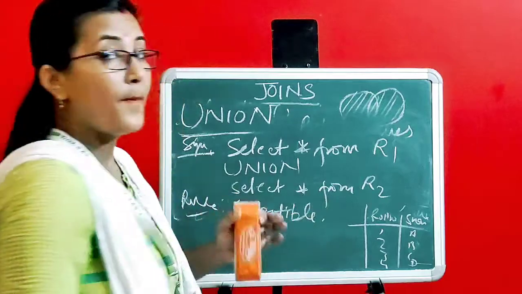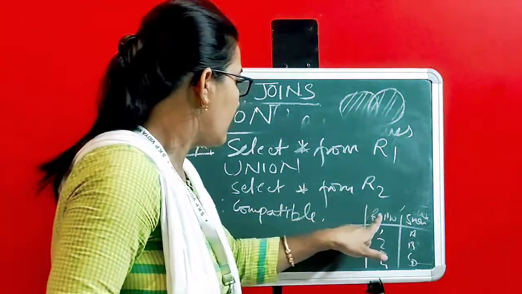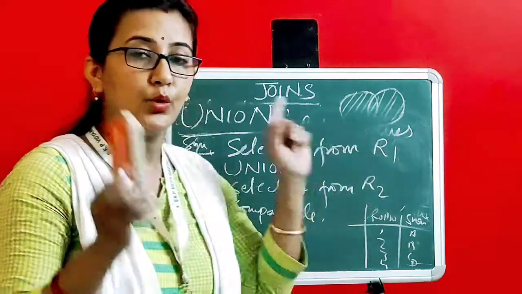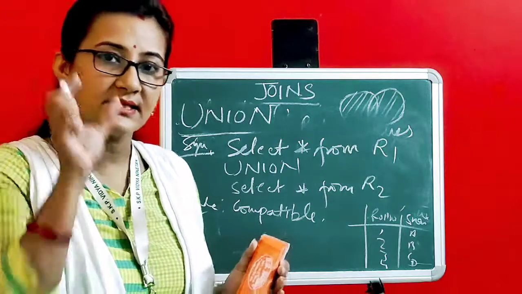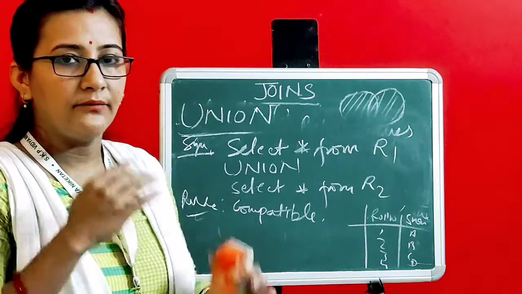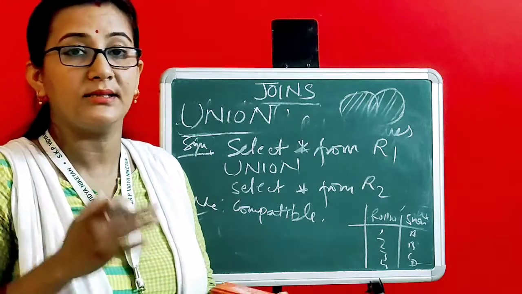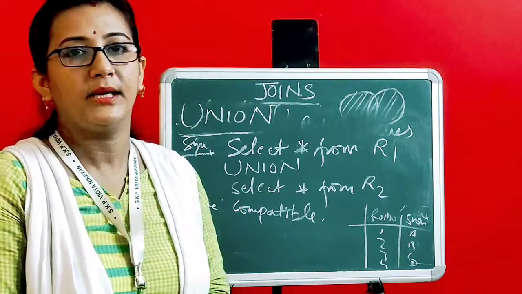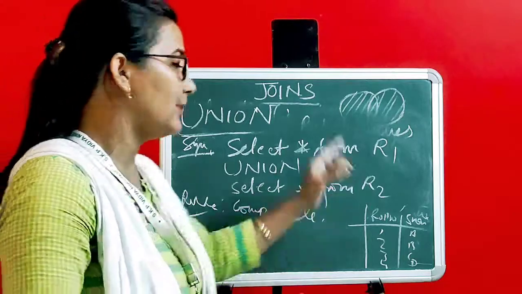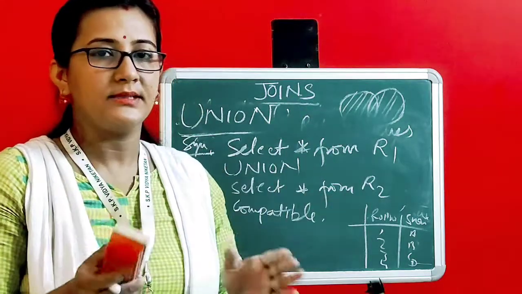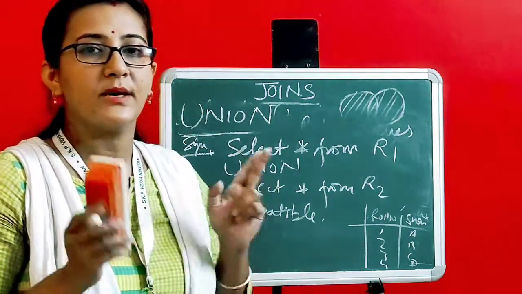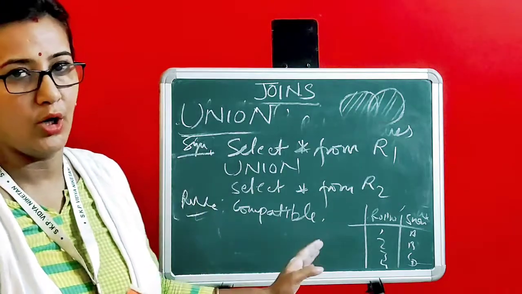Compatible means both the tables should contain the same number of columns. If a question comes asking what is the meaning of being compatible for a union join, you have to say that both the tables must contain the same number of columns.